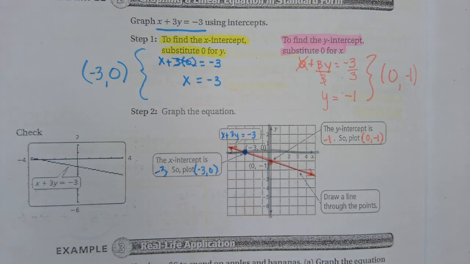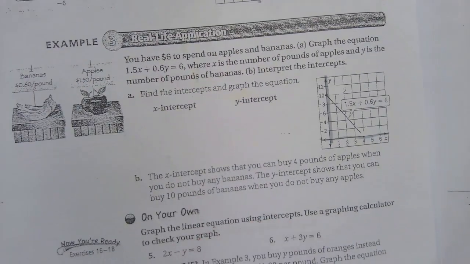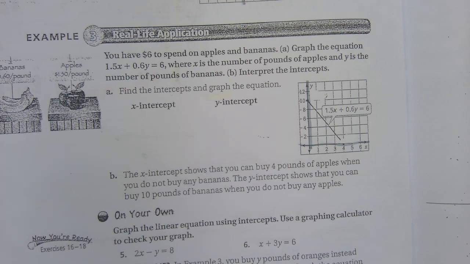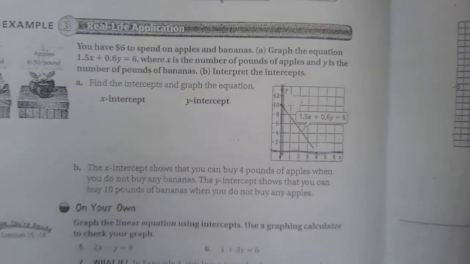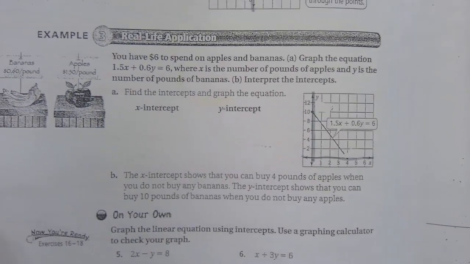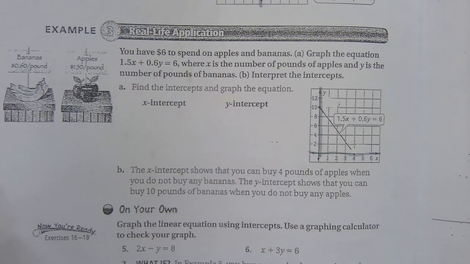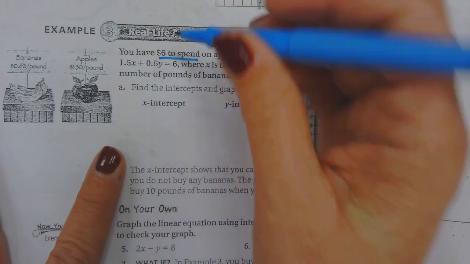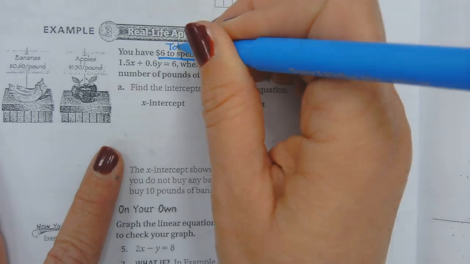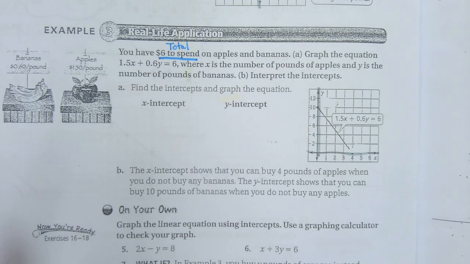Okay, so now let's look at a real life application. And the real life application is very similar to the problems that we looked at very quickly earlier when we were talking about standard form versus slope-intercept form. So you have $6 to spend. So that's the total amount that I have to spend on apples and bananas.